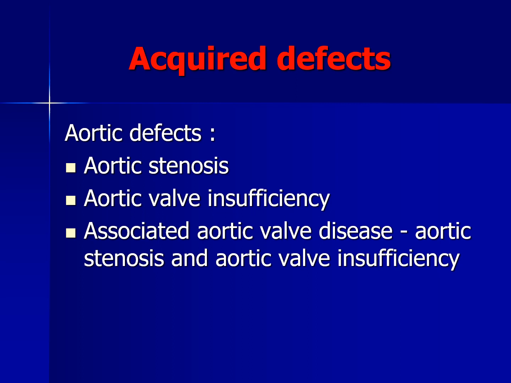What are acquired aortic defects? They are aortic stenosis, aortic valve insufficiency, and associated aortic valve disease, aortic stenosis and aortic valve insufficiency.